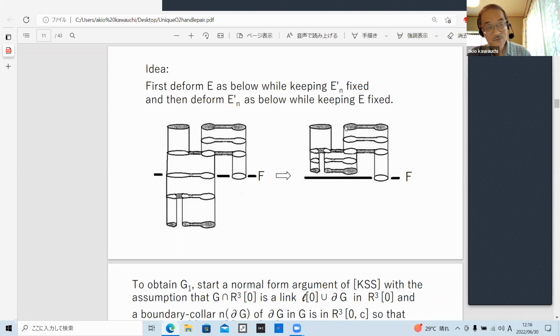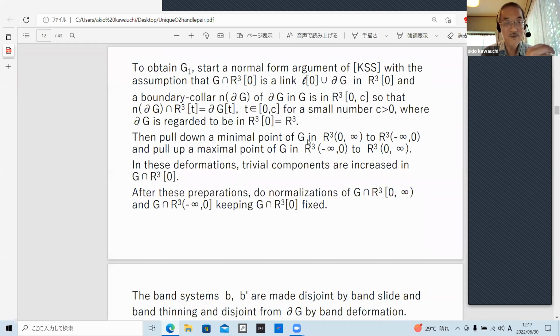Next, E dash N is deformed, starting from the starting disk union, as in these pictures, while keeping E fixed, and then applying the common handle property. Such a deformation is the idea.